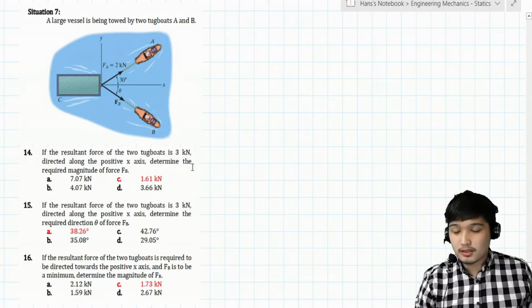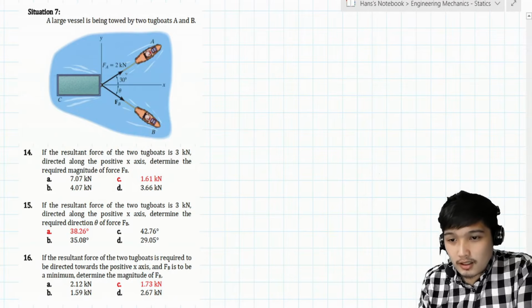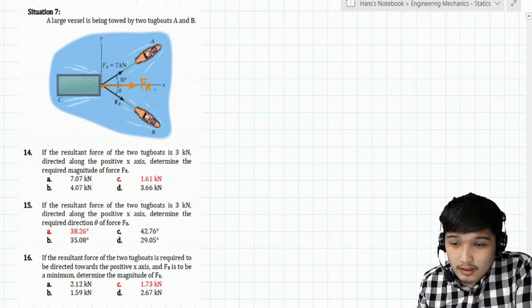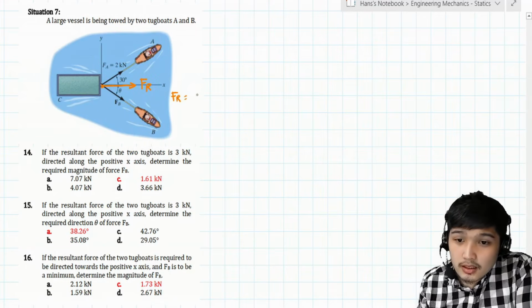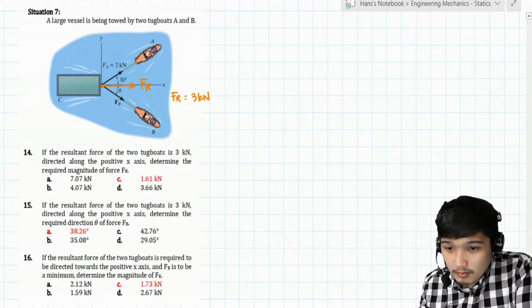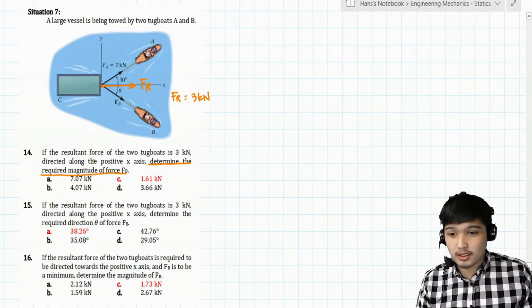So, lumalabas yung FR, which is ito, is completely horizontal. So, ito yung FR. Okay, wherein FR ay equal daw sa 3 kilonewtons. Okay, pag ganyan daw, ang tinatanong, determine the required magnitude of force FB. So, ilan daw yung FB?